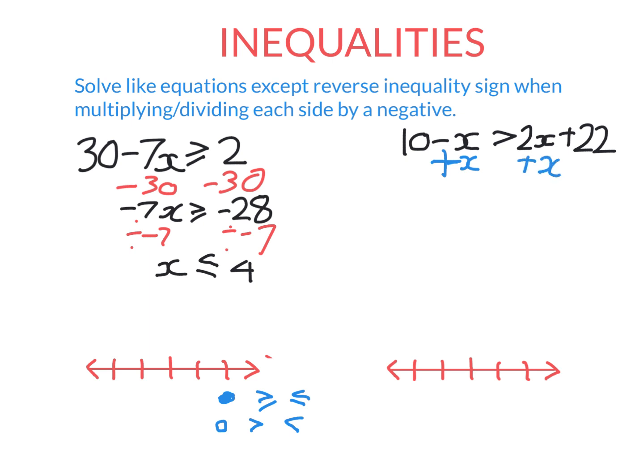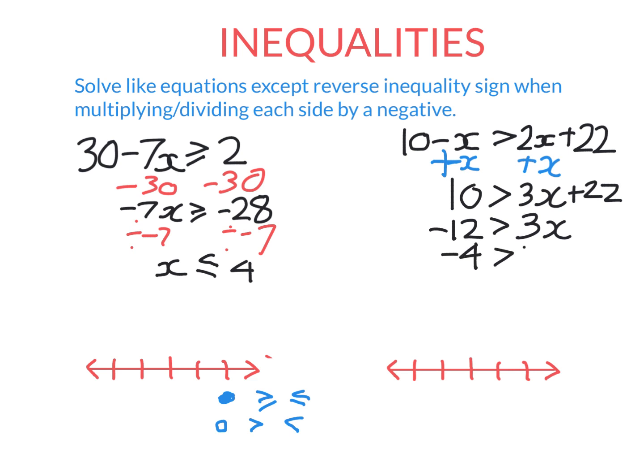If I add x to both sides, I end up with 10 is greater than 3x plus 22. Subtract 22 from both sides, I get negative 12 is greater than 3x. I'm now going to divide each side by 3. So negative 4 is greater than x, which is exactly the same as writing x is less than negative 4.